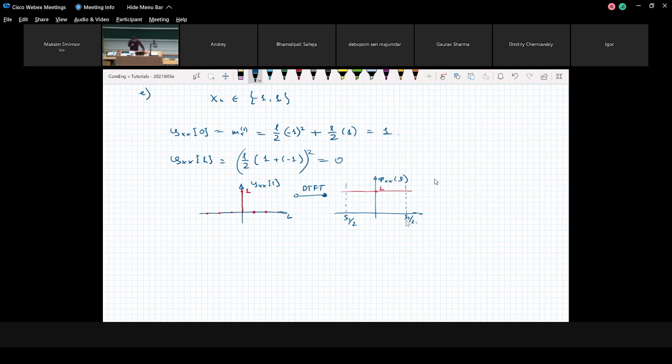What else do we need to find? We have sketched the autocorrelation and the power spectral density.